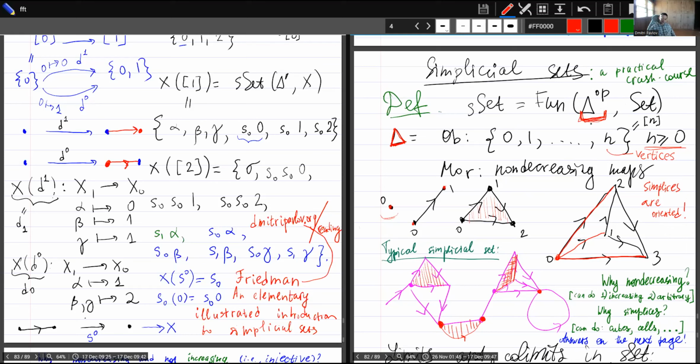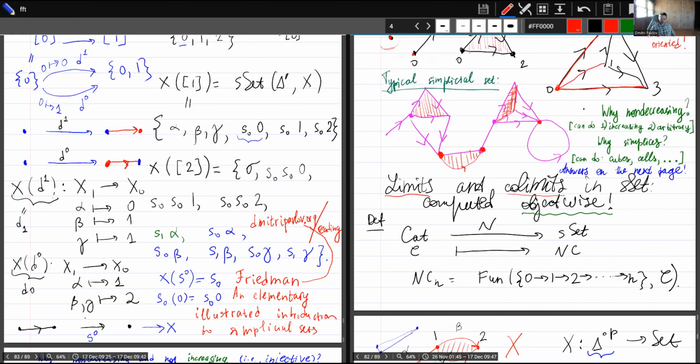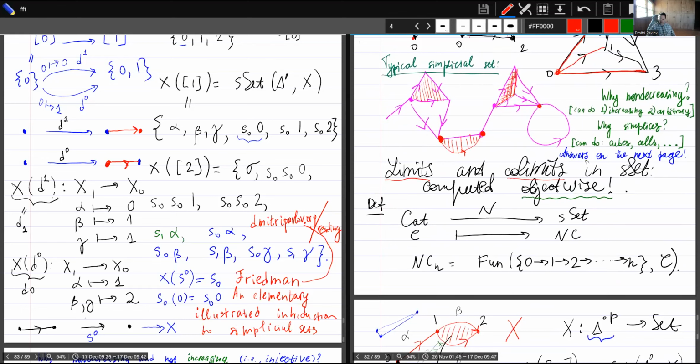The resulting simplicial set will also be such a functor, and its value on some object of delta will be the colimit or limit of a diagram of sets obtained by evaluating the corresponding simplicial sets. So let me write down a formula.